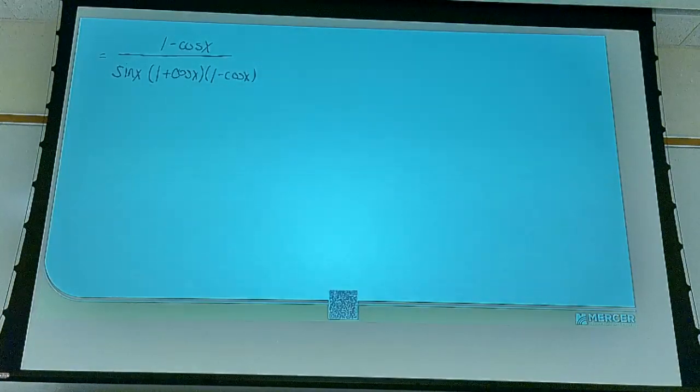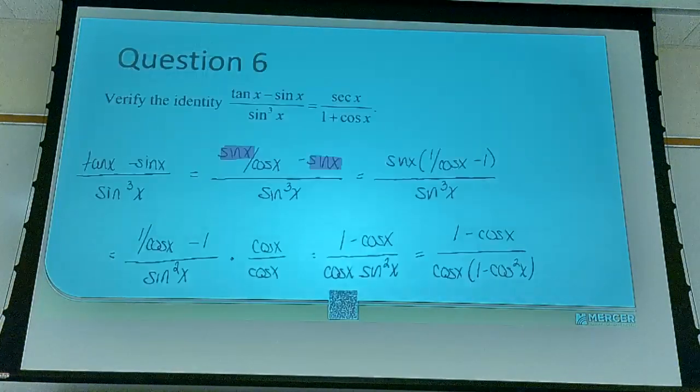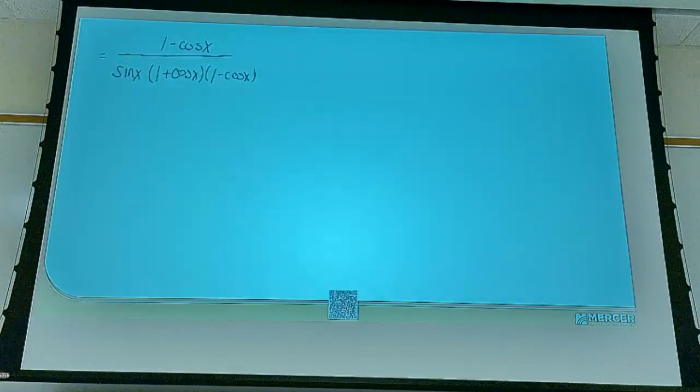One plus cosine times 1 minus cosine. Isn't there a common factor? Yeah. 1 minus cosine, 1 minus cosine.